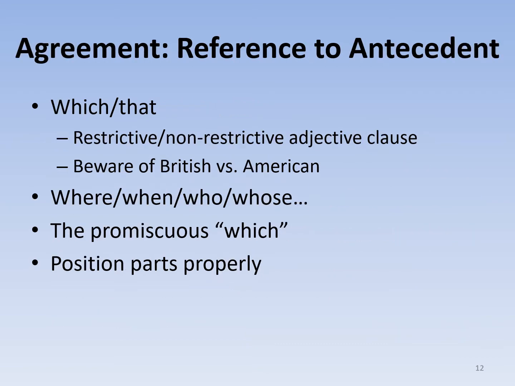We went through pronouns just now, and we are going to go through some antecedents and references, which covers basically these kinds of words. They are going to be tightly connected to the writing of clauses. Like for which and that, we're going to cover restrictive and non-restrictive clauses in later slides.